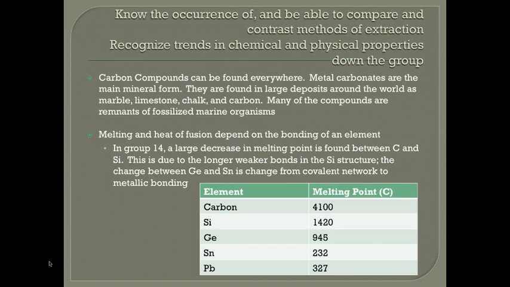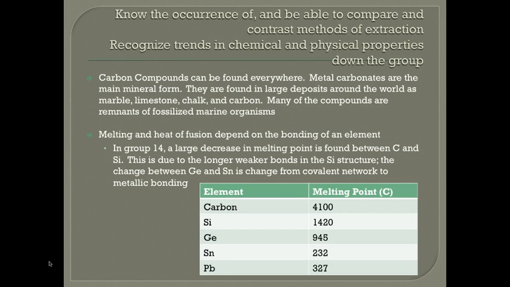Metal carbonates are found mainly in the mineral form. They're in large deposits around the world, in things such as marble, limestone, chalk, and carbon itself in many of the carbon compounds we wear and we eat, as well as remnants of marine animals that we use in our construction.